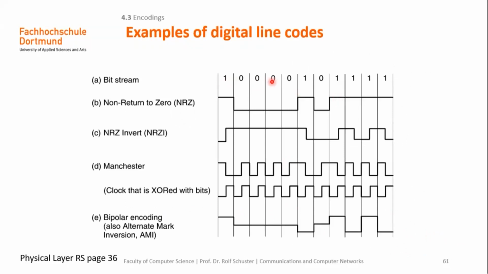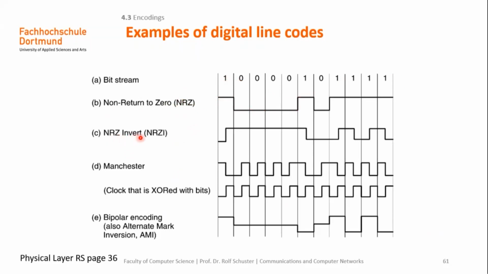For this bit stream, we could code, for instance, using non-return to 0 coding, NRZ, with a typical voltage to represent 1, and another typical voltage to represent 0. And in that way, we could represent the information. There are other possible codings, for instance, NRZ invert.